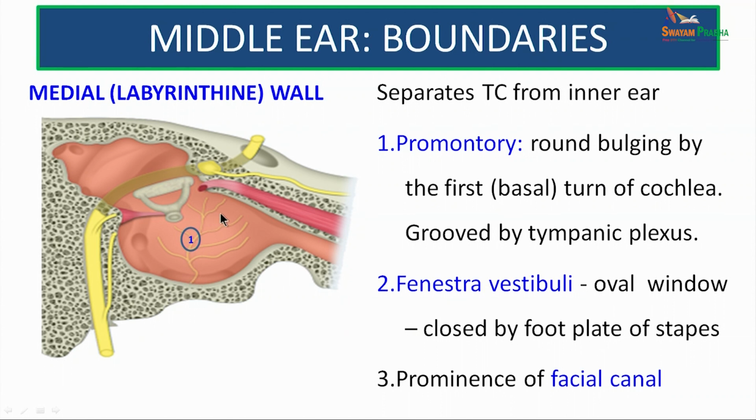This is grooved by the tympanic plexus on its surface. Next is the fenestra vestibuli or the oval window, which is closed in life by the footplate of the stapes. Above that, going in an oblique way, is the prominence of the facial canal, which passes along the medial wall to continue as the vertical canal on the posterior wall.